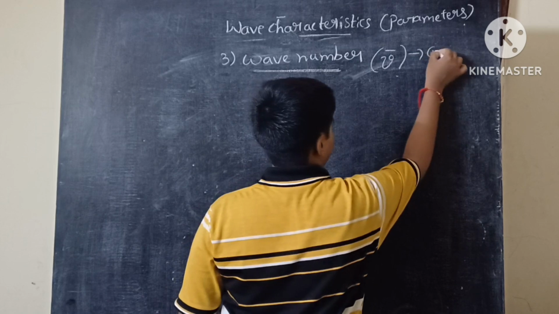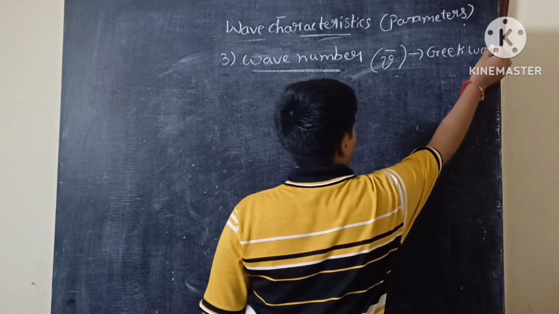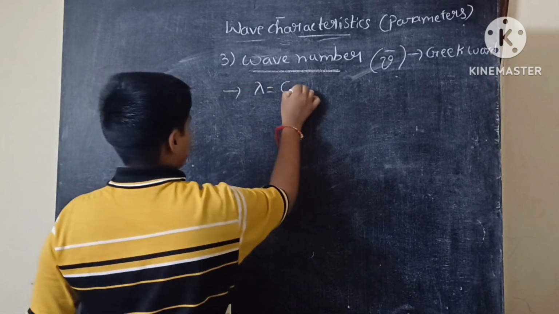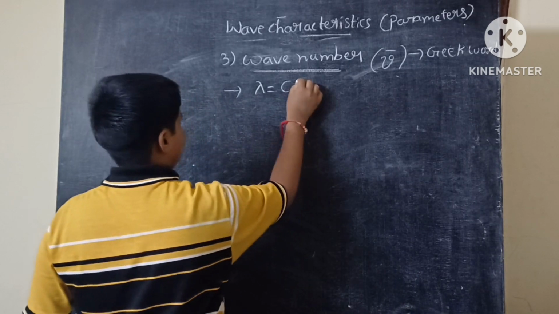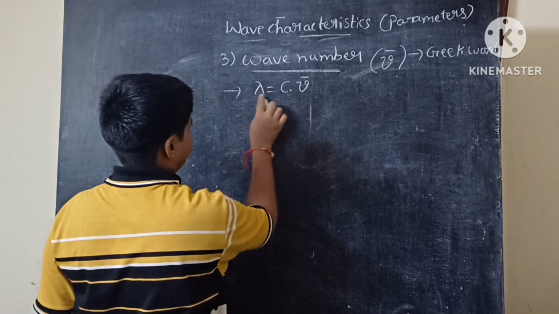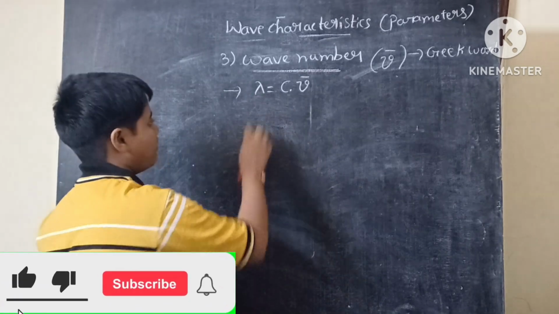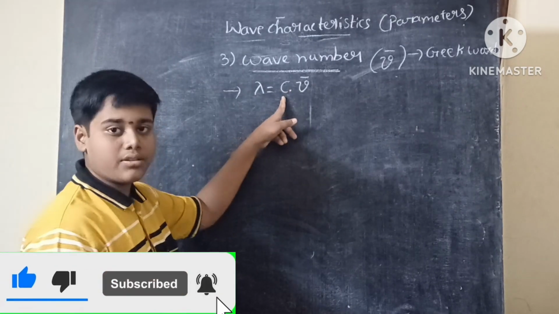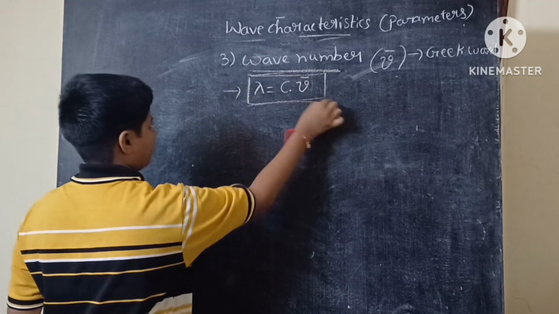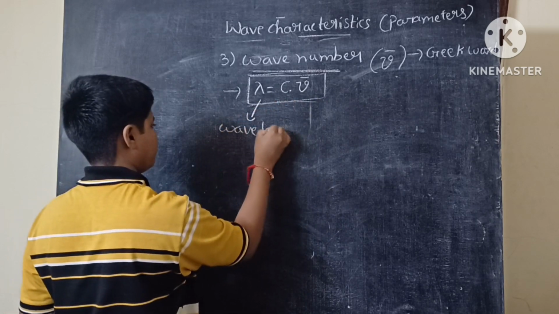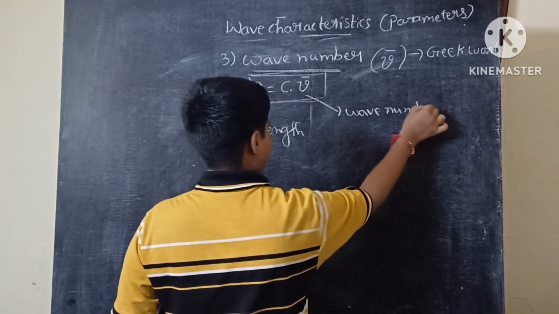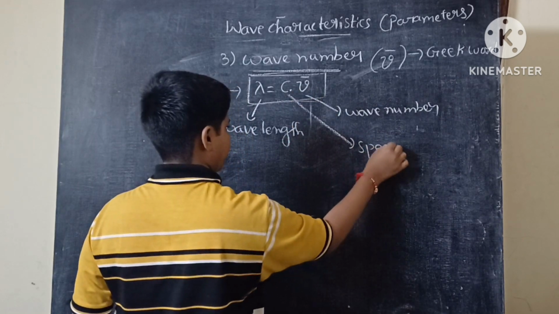It is also a Greek letter. Here, wavelength is equal to the speed of light divided by frequency. Here, this is wavelength, this is wave number, and this is the speed of light.